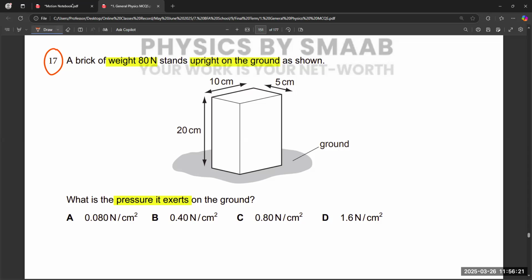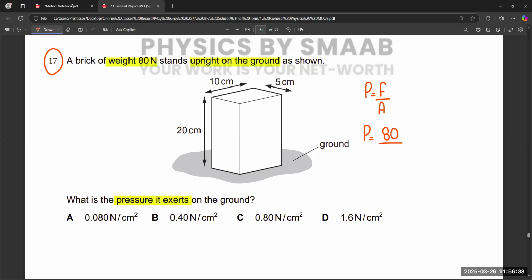So in this question, you have to apply the same formula again. Pressure is equals to force upon area. The value of the force is 80 Newton and the value of area.